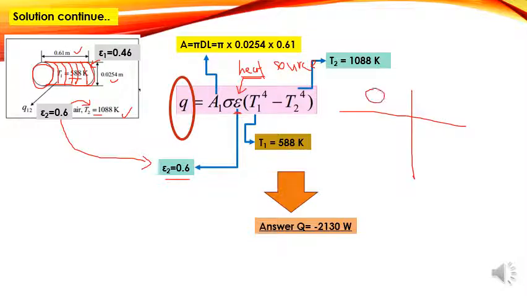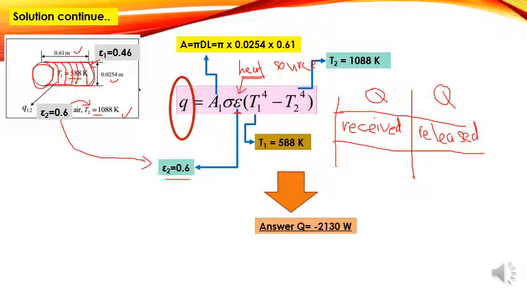For example, there are two cases. When you are considering the reference point, you have to identify, does the object receive heat or release heat? When the object receives heat, receive means terima.